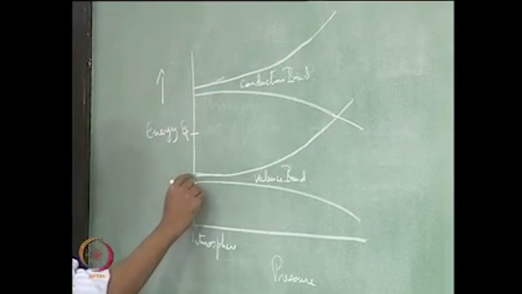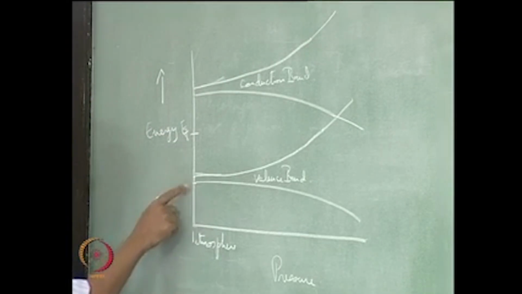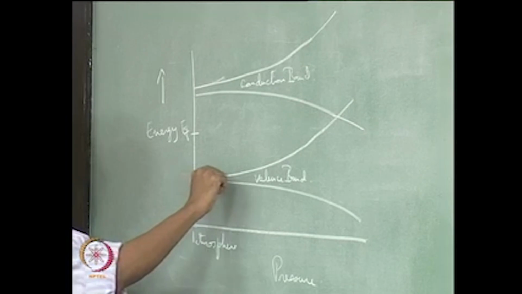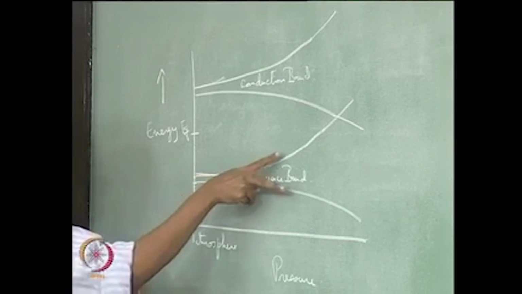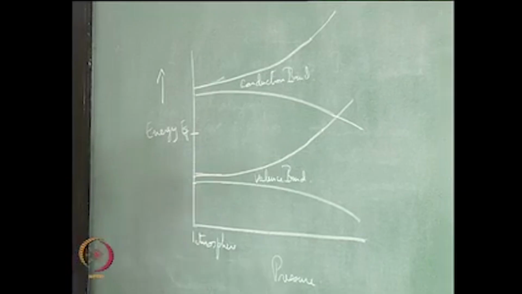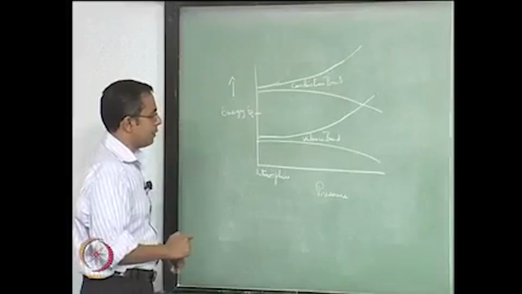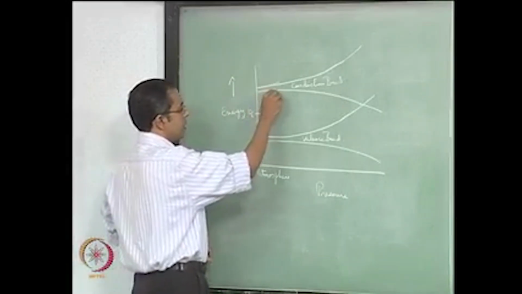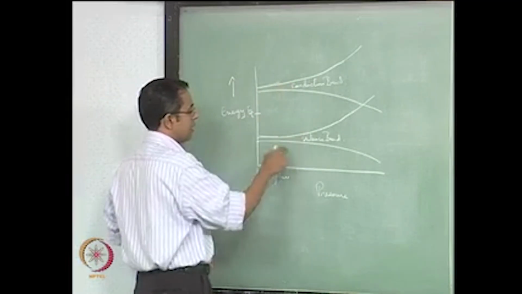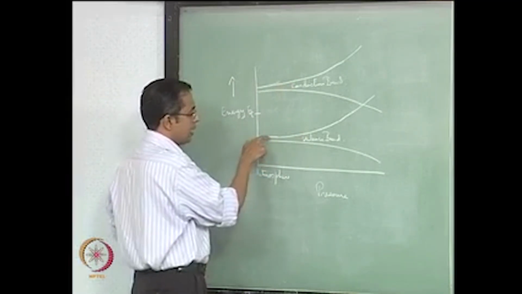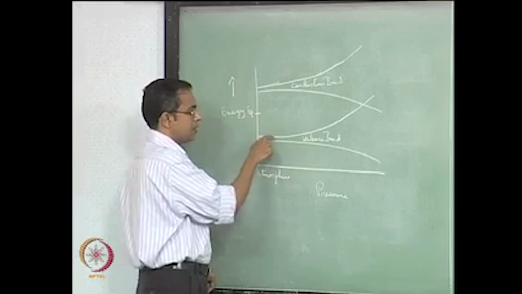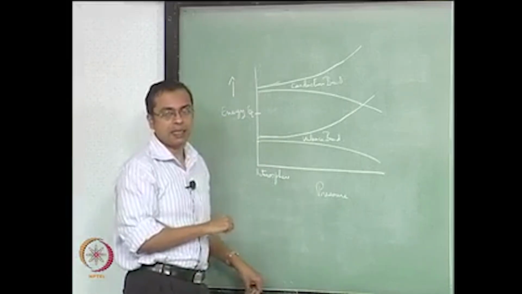Similarly for the valence band, you can assume that originally at 1 atmosphere this was the width of that band, and as you raise the pressure, as you bring the atoms closer and closer, the valence band begins to expand in energy values. So what is actually happening is that you now have the conduction band and the valence band, and the difference in energy between the highest energy of the valence band and the lowest energy of the conduction band is your band gap.